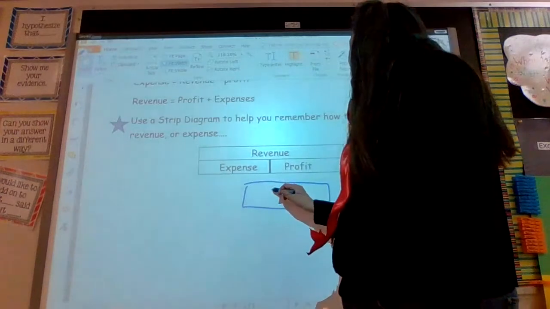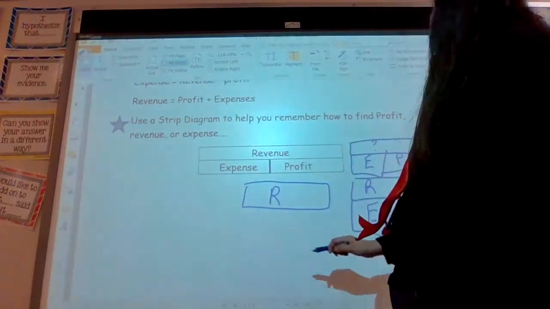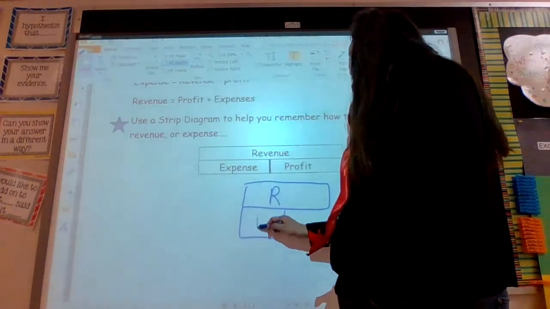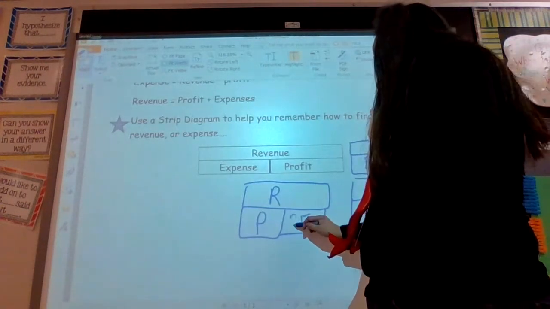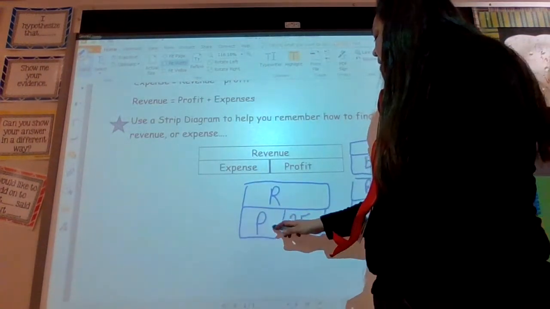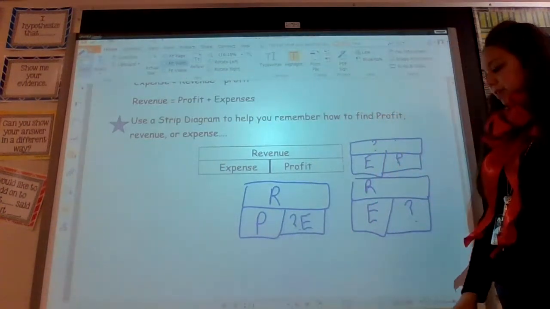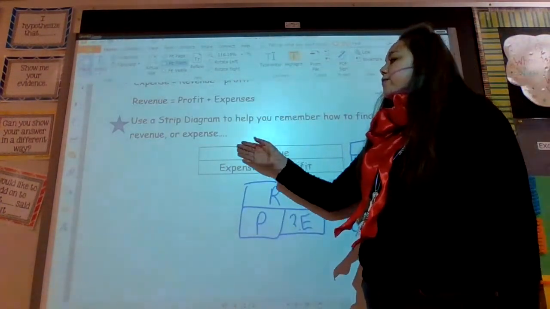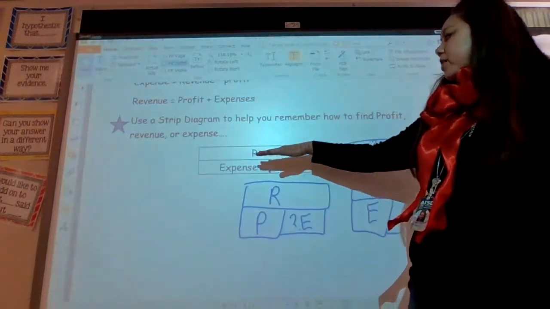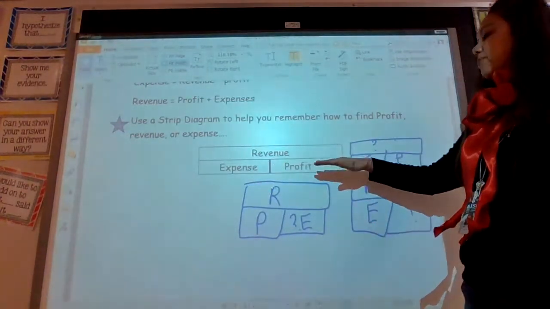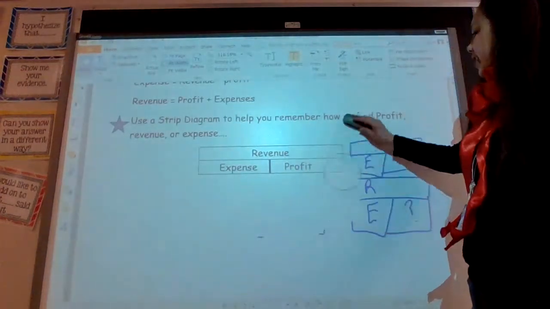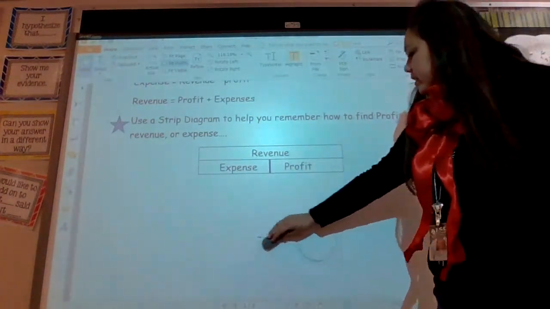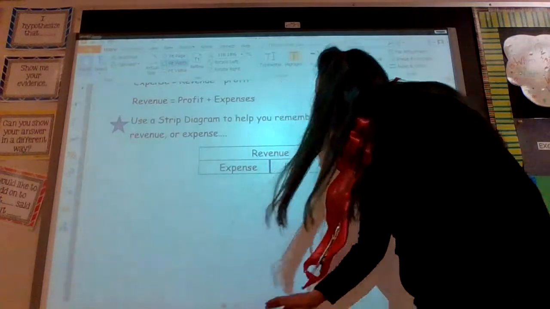If I know my revenue and I know my profit, but I don't know my expense, I'm going to take my revenue minus my profit to give me our expense. So if we know that strip diagram, that revenue is the whole, and it takes the expense and the profit to make that revenue, then we're going to be able to figure out any word problem that they're going to give us. Okay, so let's look at our worksheet.